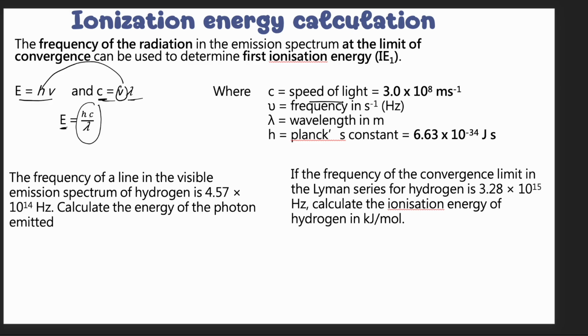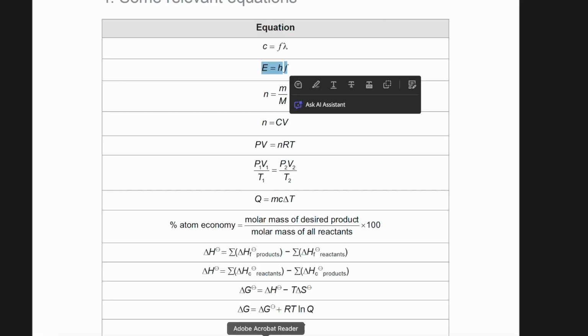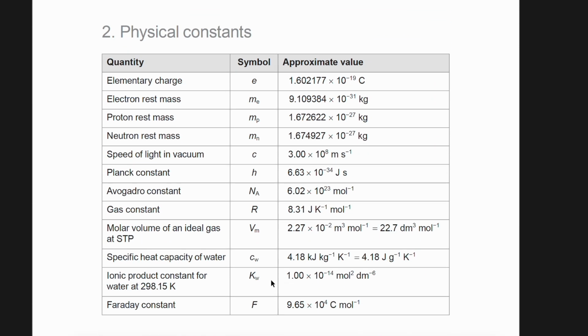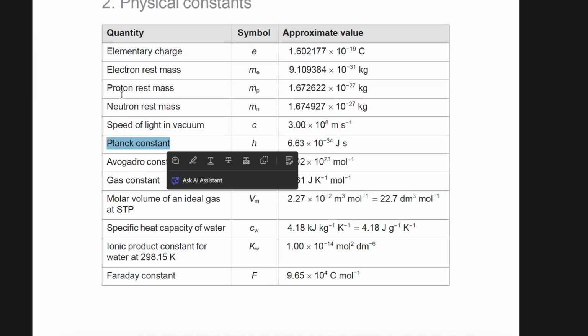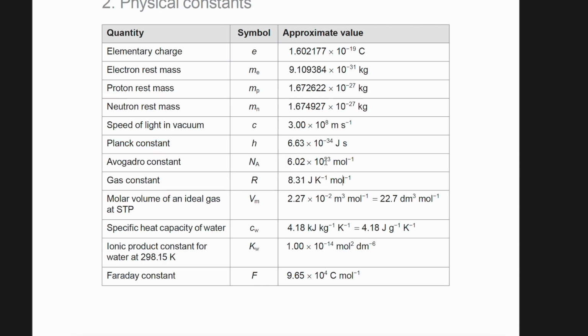The speed of light, this constant, is given in the data booklet, the same as the Planck constant. You can see in section 2, this is the Planck constant, and this is the speed of light, okay?